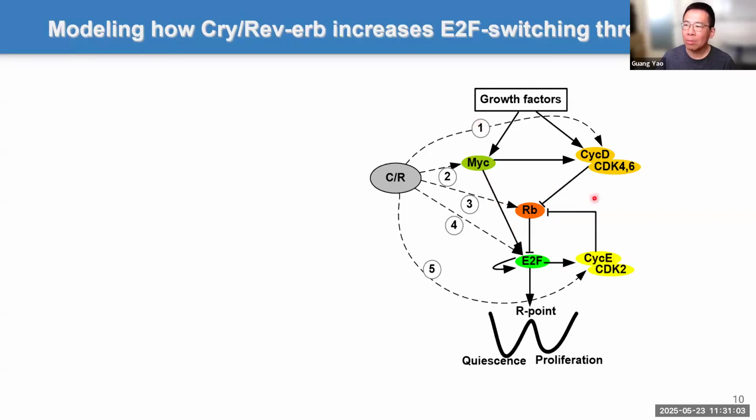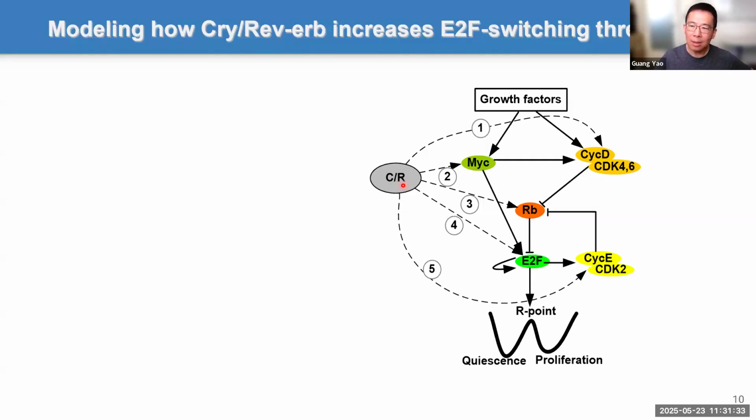Then MYC is upstream and listens to growth factors, and cyclin D is an early step of activating E2F by phosphorylation of RB to remove the brake.